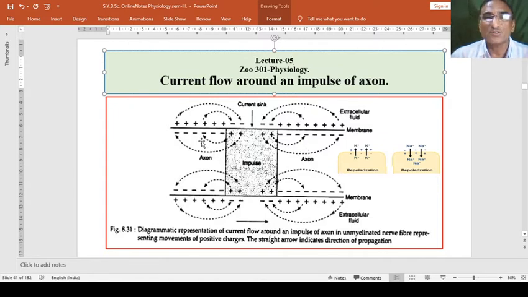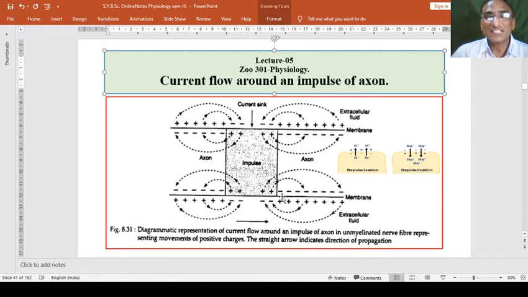As they go outside, it becomes positively charged. So this is the current flow, the current of ions, and this is the backflow of ions around this impulse for the maintenance of membrane potential throughout this axon.